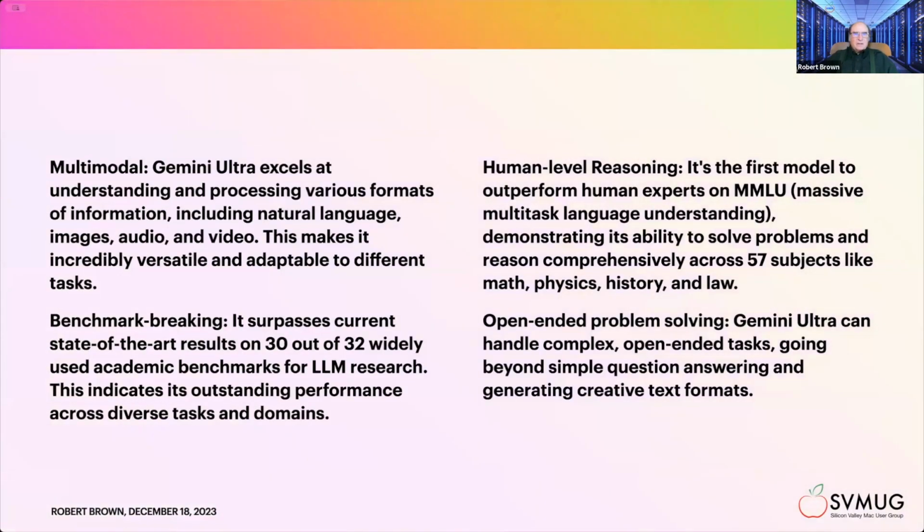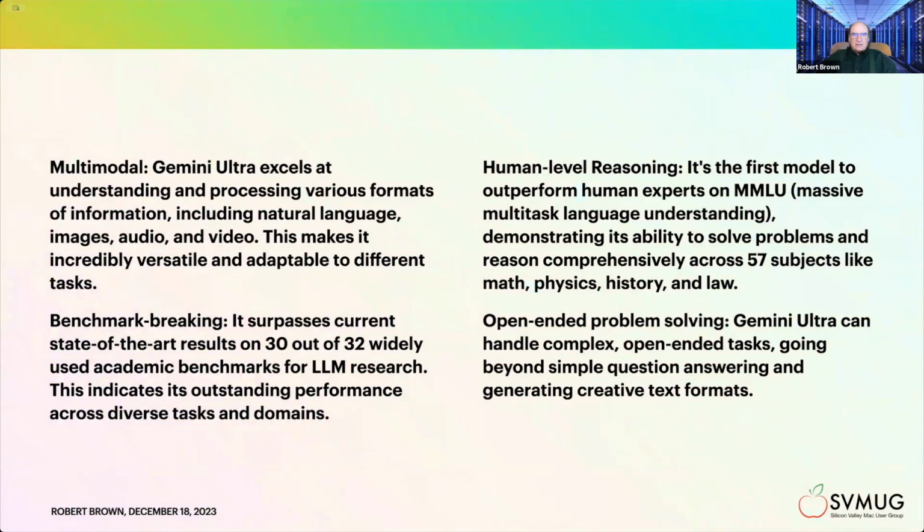Okay, so it's multimodal. It's going to excel at understanding and processing all these different formats. For the benchmarks, it's doing very well, at least it's claimed to be doing very well. Bear in mind that when I say that it has surpassed these results, we are being told by DeepMind that it has surpassed these results.